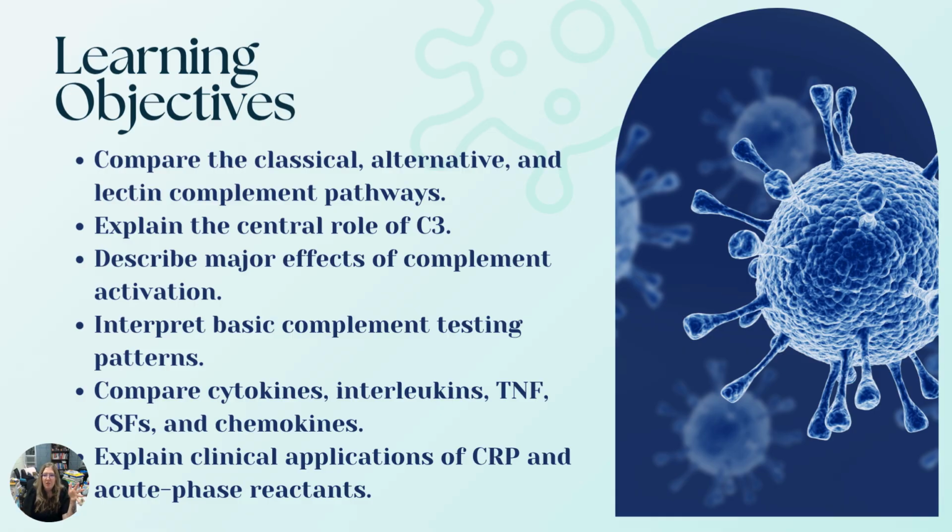By the end, you should also be able to take something like a decreased C3 or C4 result and start thinking about why that result might be decreased and what additional testing could help us. So that's the level of understanding that we're working toward ultimately.